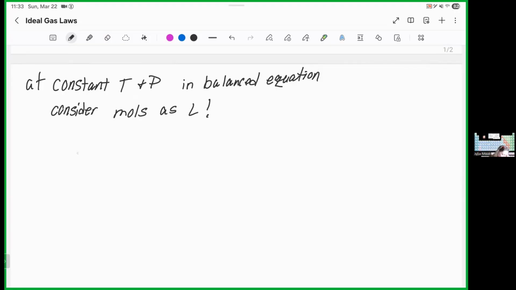What if I said that you had solid potassium chlorate decomposing in heat into potassium chloride and oxygen gas. If I balance this, I need 2, 2, and 3.